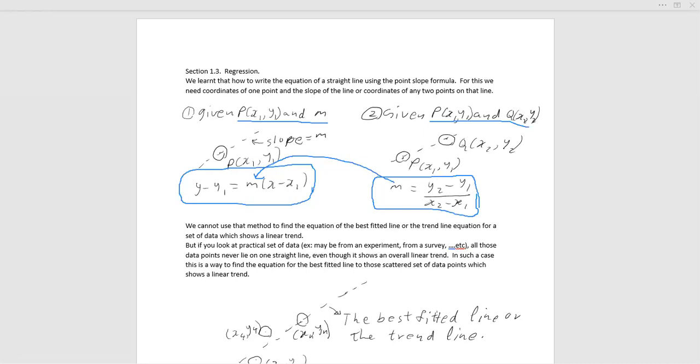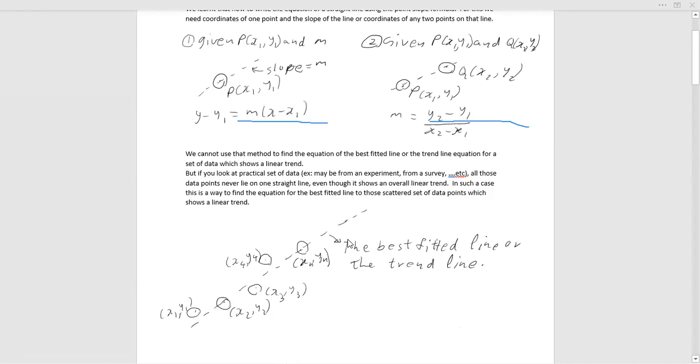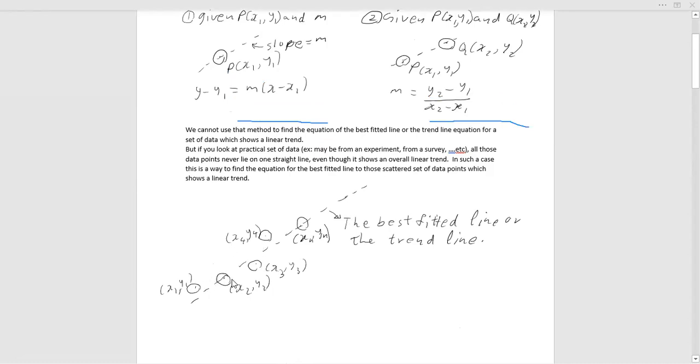I have an example here. You see this dotted line, and these points. These points are scattered; this is an example of a scattered data set. Now we want to write the equation of the best fitted line.